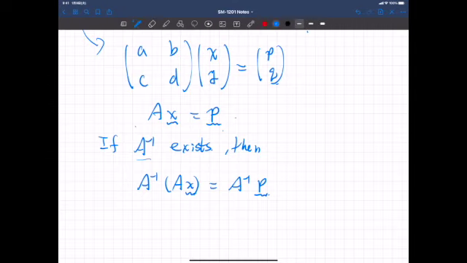You have seen that matrix multiplication is associative, and a vector is also a matrix in a sense, so we can move these parentheses to A inverse and A times x.